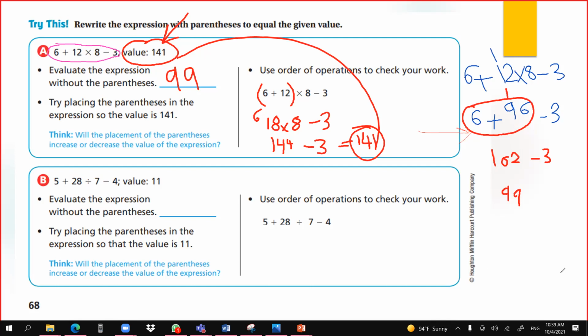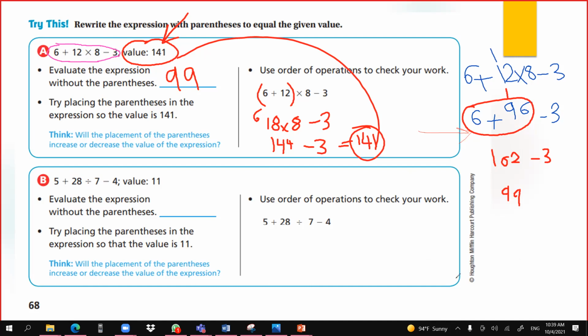Okay. Sometimes you need to put one parenthesis, sometimes two. You have to think out of the box. You don't have a rule. You just have to try where to put the parentheses to get the answer.